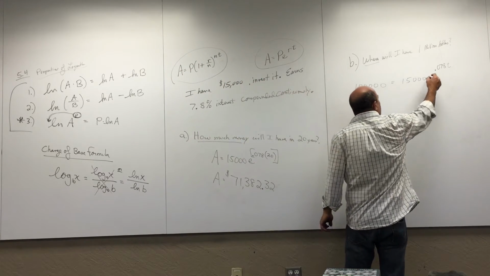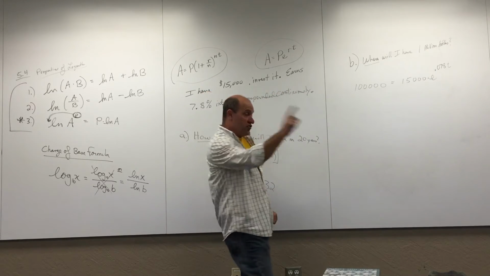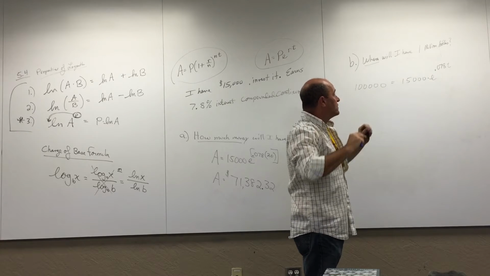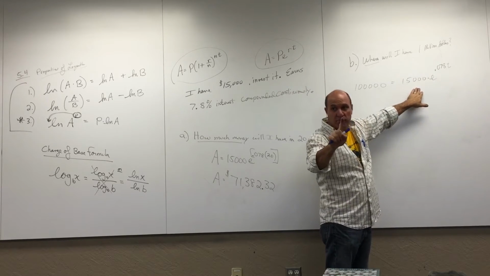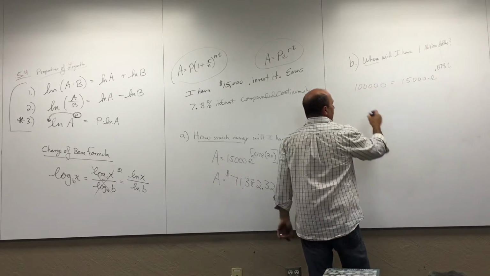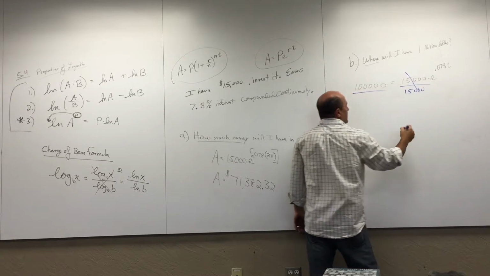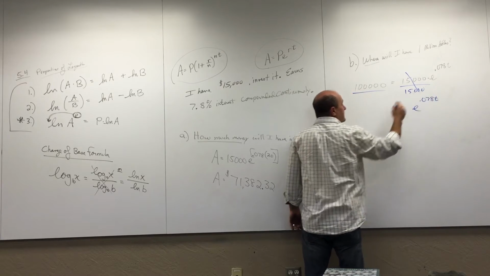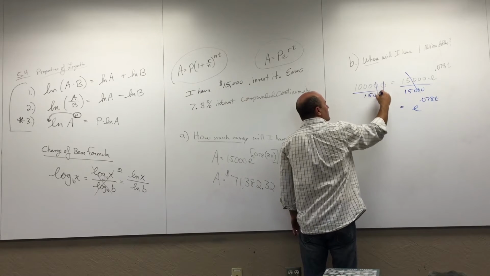You got to expose the E, so you got to get rid of that. Well, you do need a natural log, but not yet. You got to get the E exposed. So divide by the 15,000. It is multiplied by 15,000, so please divide by it. If you divide by 15,000, it's gone. It cancels. You're left with E to the 0.078 T. We're trying to get T. Over here I can cancel 3 zeros.